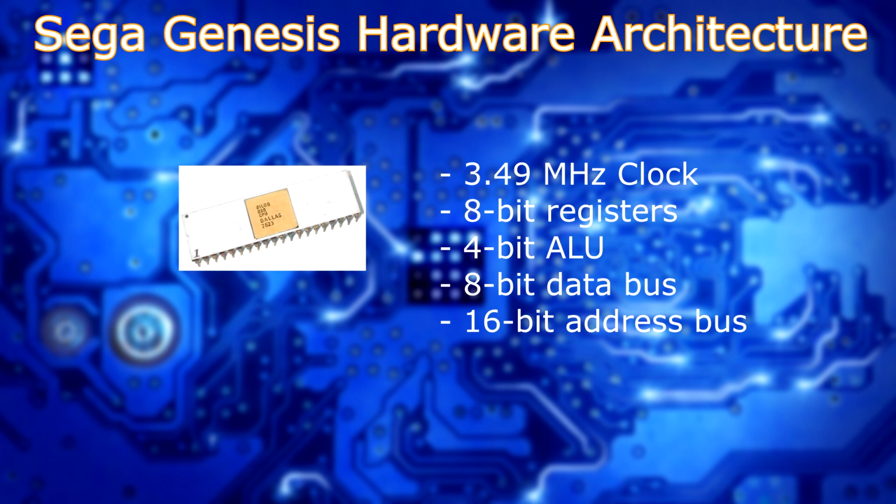The Zilog Z80 had the Z80 instruction set. It had a 16-bit address bus instead of the 24 that you saw in the 68K, and this was connected to 8 kilobytes of RAM, as well as a few sound chips, and the 68K's RAM to actually double buffer. What's bizarre is that this processor only had a 4-bit arithmetic logic unit, but it could handle 8-bit operations because it was quick.